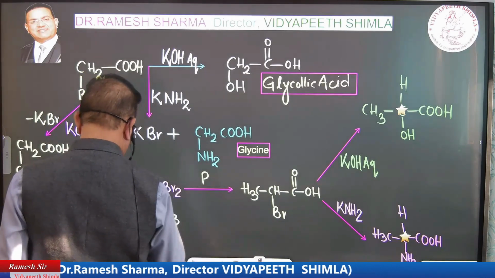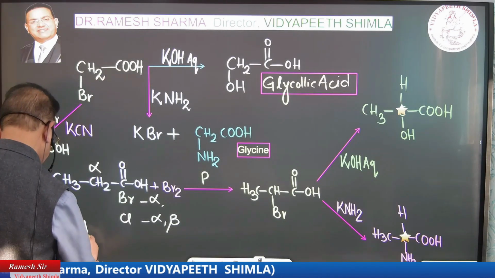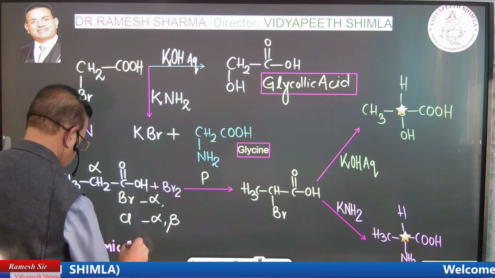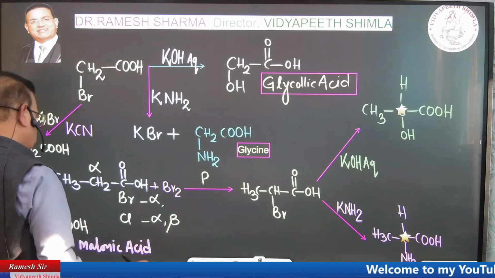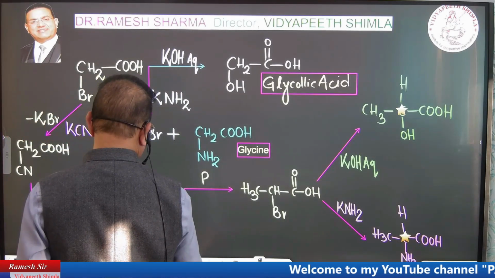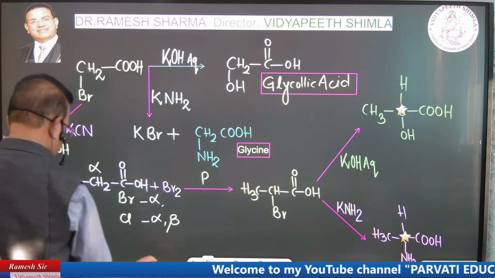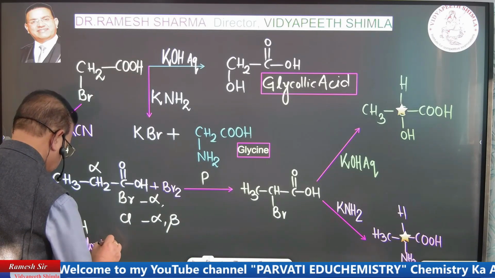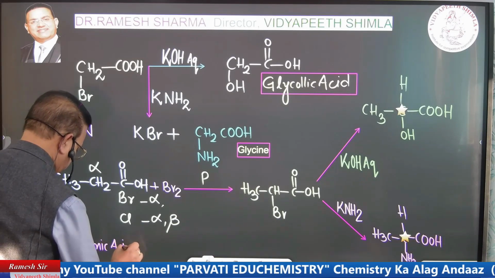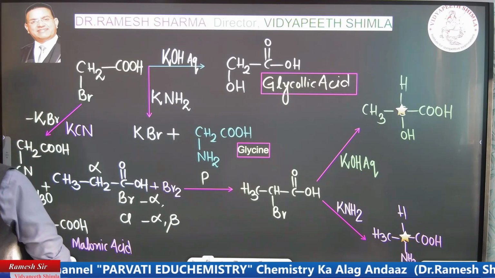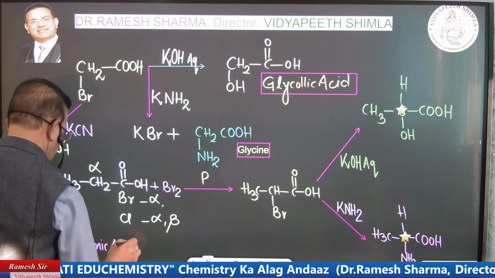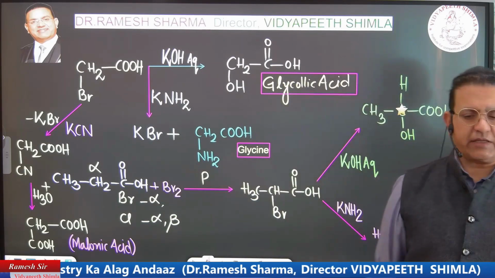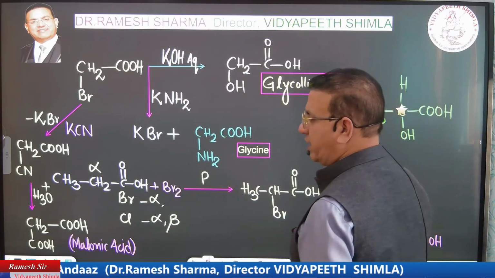You just remember one thing, that all those acids having electron withdrawing group at beta carbon, they when heated undergo decarboxylation.